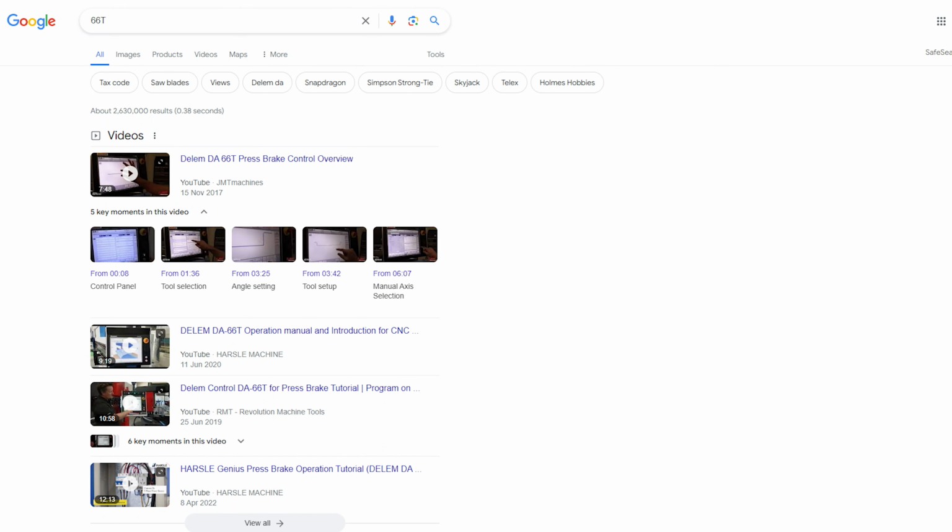And I thought 66T is bound to be a brand. It's only got 3 characters in it. But actually, when I Googled it, it was an actual brake press machine. So this is an example of Google's AI. I never would have thought that CNC brake press would generate 66T, but it's a good example of it. The broad approach here is delivering terms that on the face are unrelated, but really they're right on target.